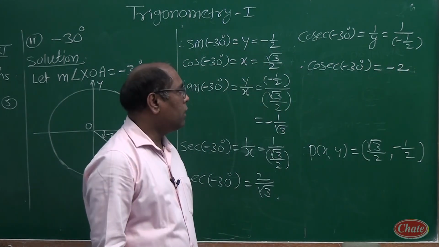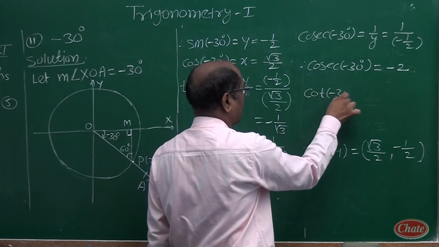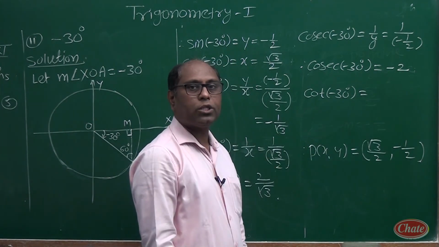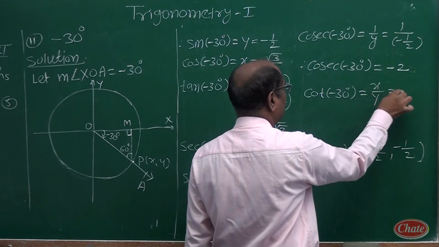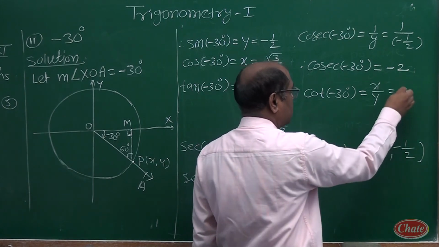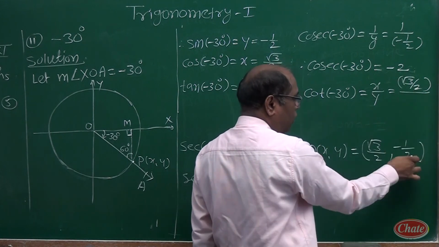Okay, and lastly, the cot of minus 30 degree. By definition, what is cot theta? Cot theta is x upon y. So what is the value of x? Root 3 by 2. The value of y?